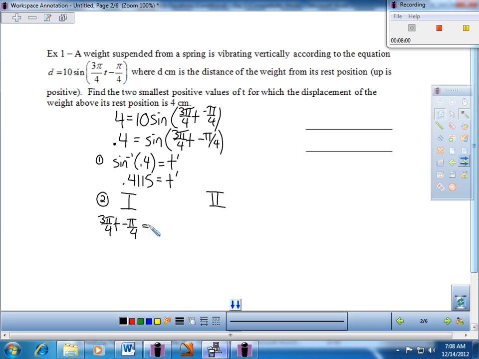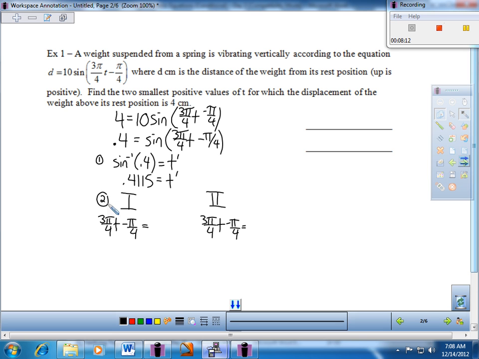Now that's equal to the quadrant 1 angle, and it's also equal to the quadrant 2 angle. So I'm going to set those up simultaneously here, and then we'll throw in what the quadrant 1 angle would be and what the quadrant 2 angle would be. Okay, so again, I undo sine, and when I undo sine, we get our split with what's left. This is equal to the quadrant 1 angle, and you're going to have to know these quadrant rules.